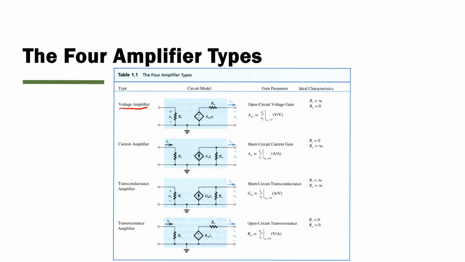So naturally we have a current amplifier, which essentially behaves just like the voltage amplifier, but you're swapping voltage sources for current sources. Then we have the transconductance and transresistance amplifiers. I'm not going to go into detail with these 3, but I just wanted you to know that they exist. Let's move on to the ideal operational amplifier.